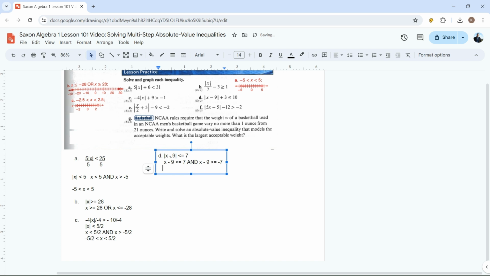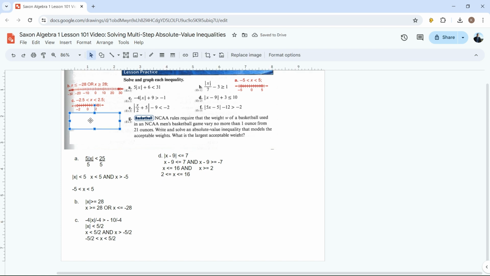This one I need to add 9 to both sides to get x is less than or equal to 16. And then I still have my and. On this side, it's going to be plus 9 on both sides. x is greater than or equal to, and let's see, negative 7 plus 9 is 2. 2 is less than or equal to x, which is less than or equal to 16.